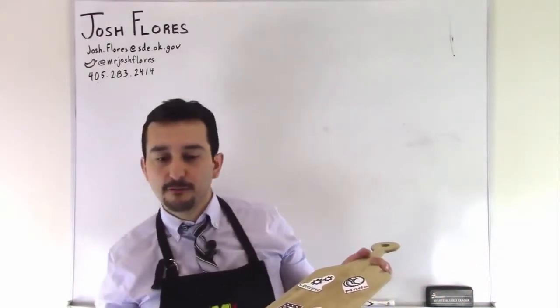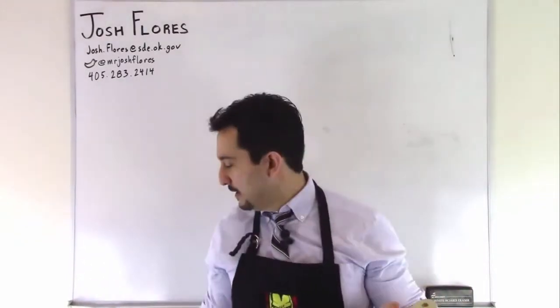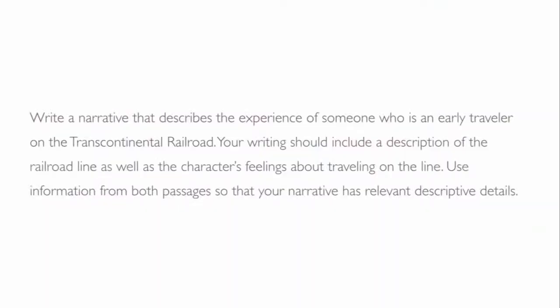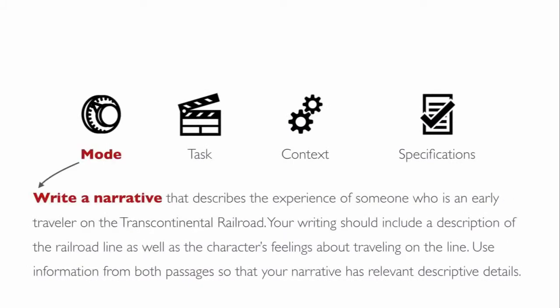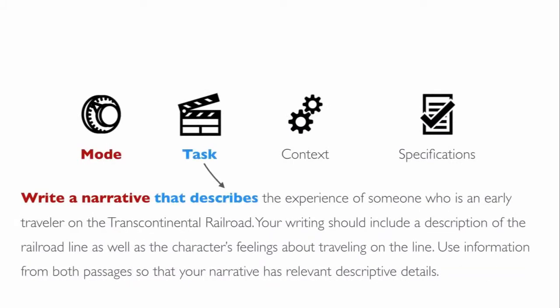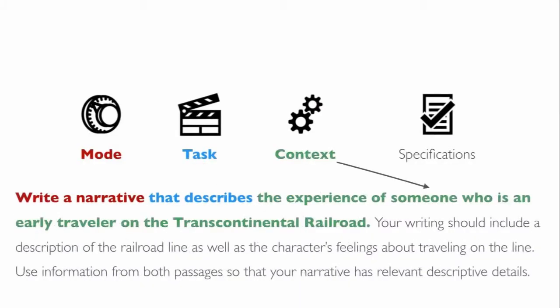So we're going to practice that with this first prompt that is in your guidebook. It's a narrative. Well, you know it's a narrative because it has the mode addressed right off the beginning. Write a narrative. The task follows it. That describes, there's our good verb, so we know that it's going to be very descriptive. And the context, wrapping, if you will, is that it's going to be the experience of someone who is an early traveler on the Transcontinental Railroad.